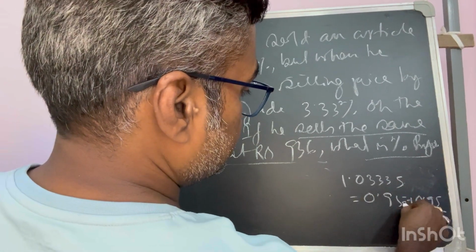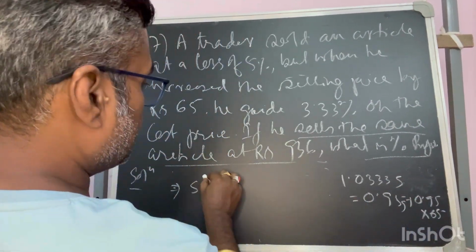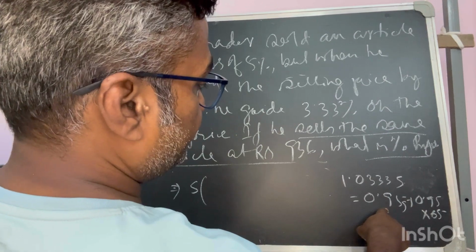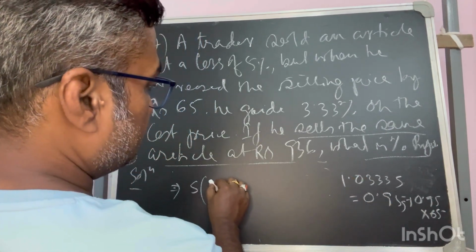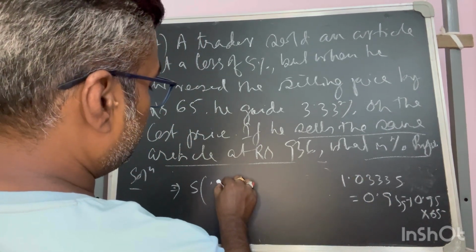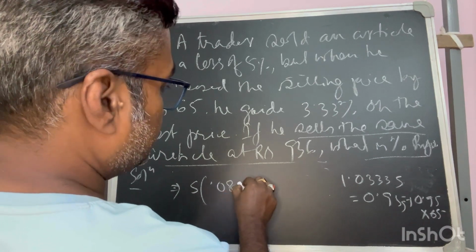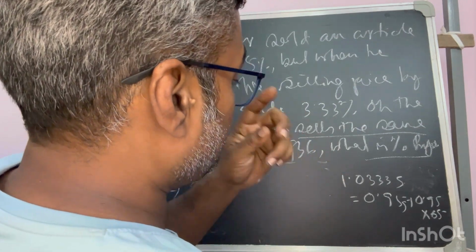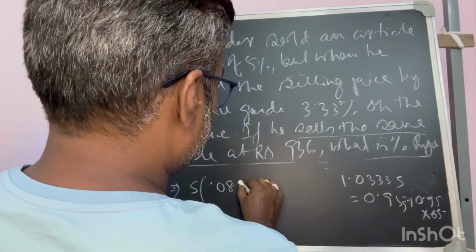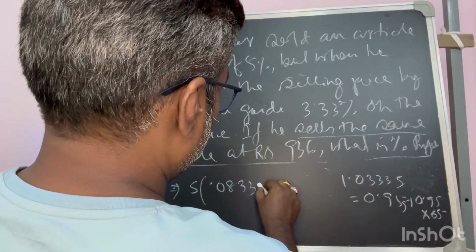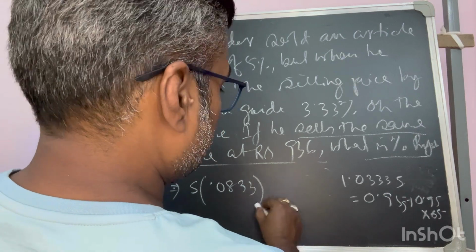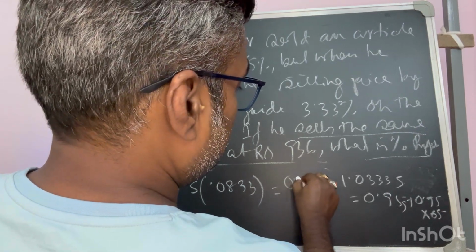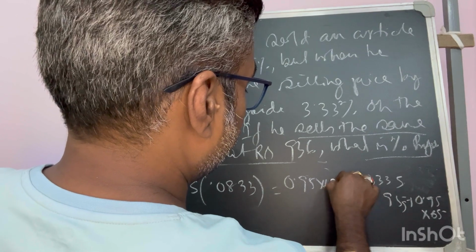This is S, this is S. So S will be calculated on the basis of this 0.05, and this will be added there. So ultimately 0.08, this minus this, that means 0.833. This will be the result, equal to 0.05 into 65.